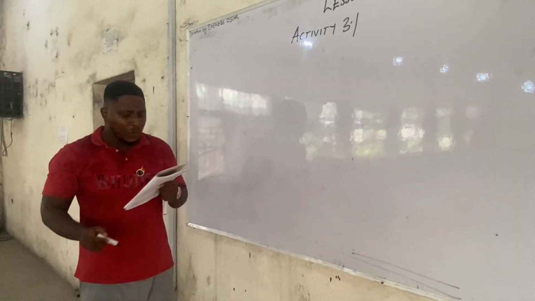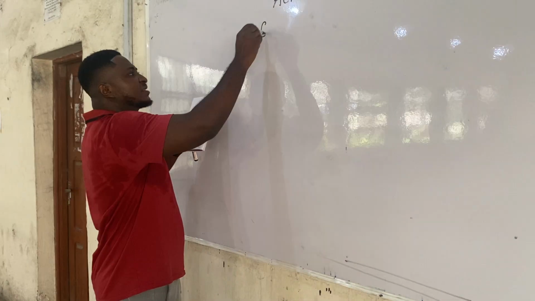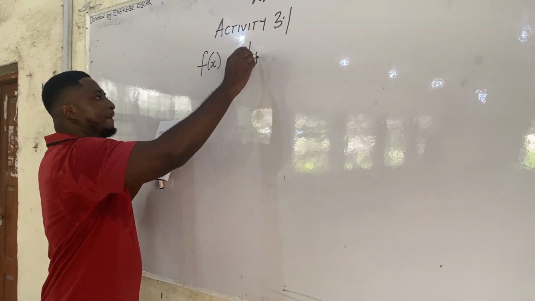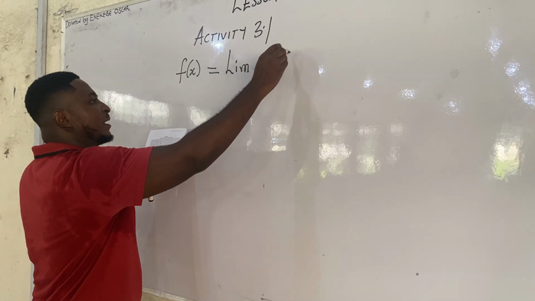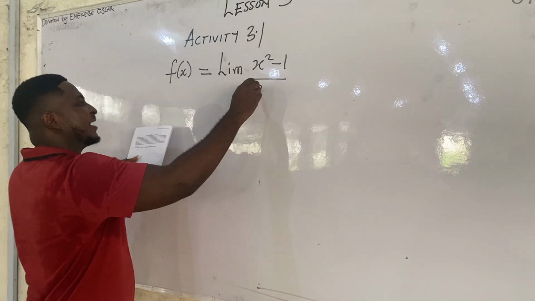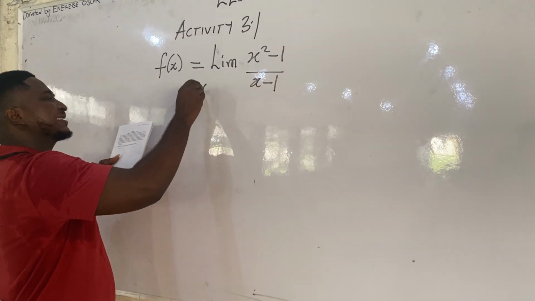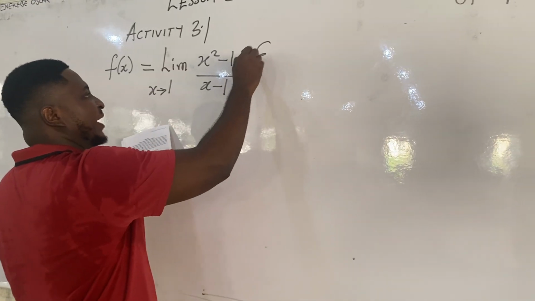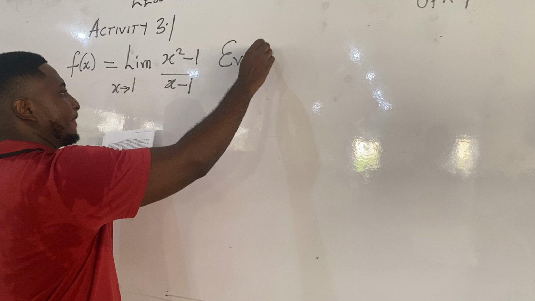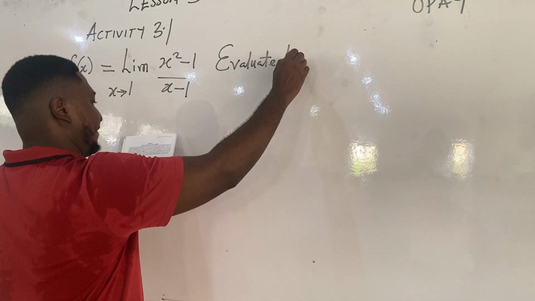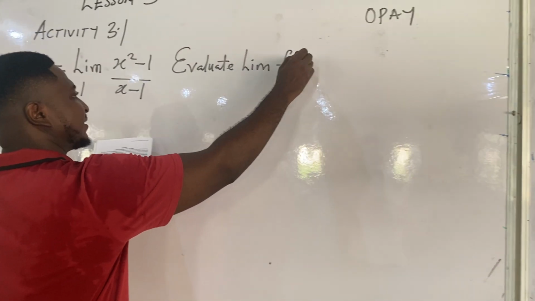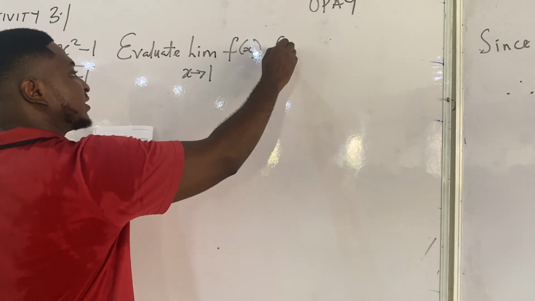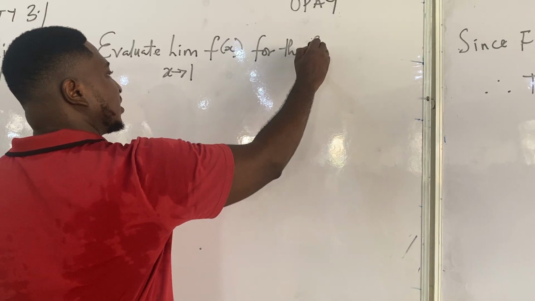Class, we're asked that given the function f of x equals lim x squared minus 1 all over x minus 1 as x tends to 1, we're asked to evaluate lim f of x as x tends to 1 for the following cases.